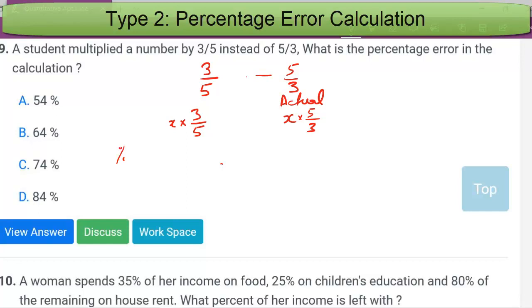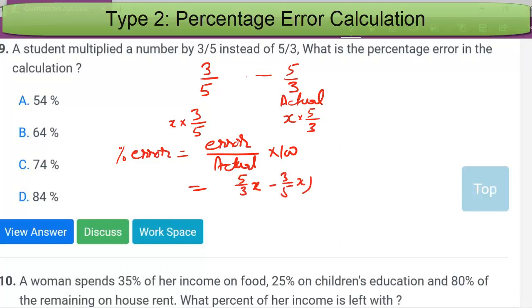So percentage error will be the error divided by the actual value multiplied by 100, right? So error is basically the difference. So the difference you can find like 5 by 3 x minus 3 by 5 x, and divide this by the actual value which is 5 by 3 x, and multiply this by 100.